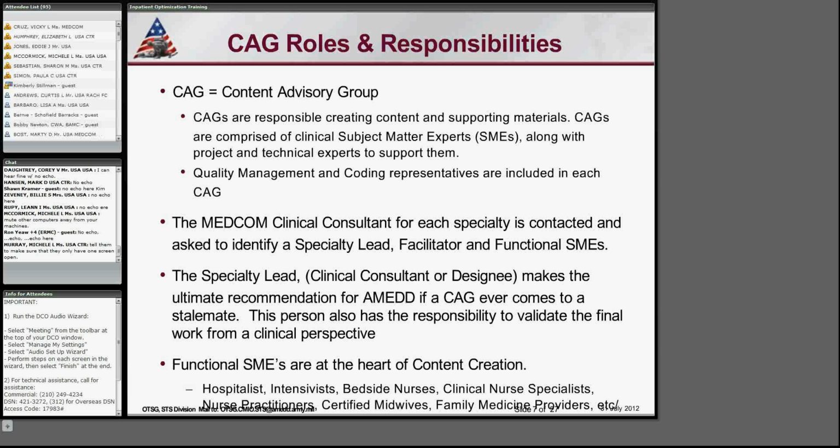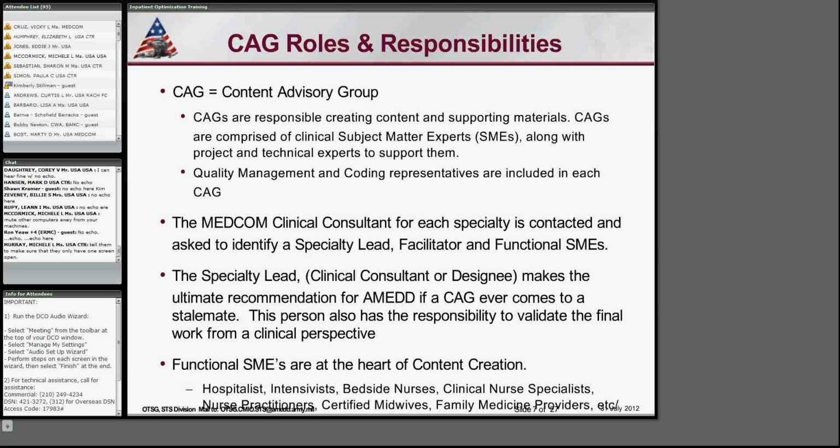So in order to get these SMEs, the way we started was we would go to the MedCom clinical consultant for the specialty area. From there, we would ask for 3 different types of SMEs. We would have the specialty lead, which may be the clinical consultant or a designee, as well as a specialty facilitator, and that person is still most likely at a leadership position, and they have easy access to that clinical consultant.